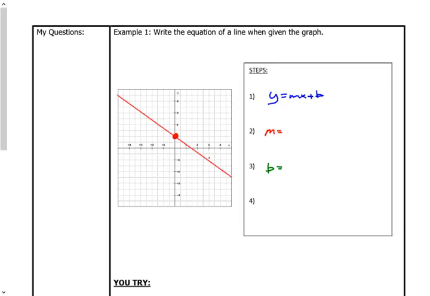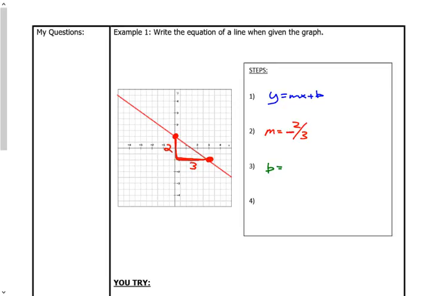Hopefully I get, yeah, that looks pretty good. All right, so when I go to do my slope here, I'm counting that this rise is 2 and the run is 3, and that's a negative slope. So my slope is negative 2 over 3.